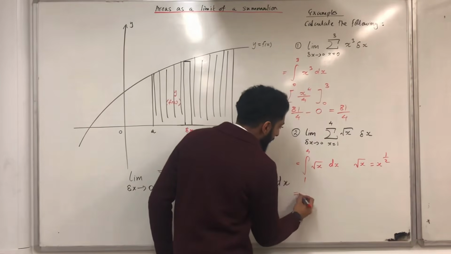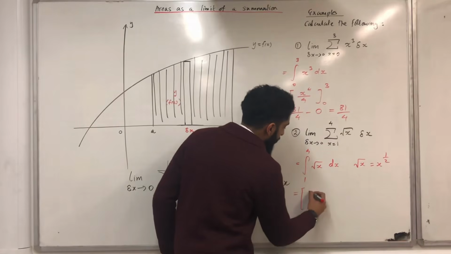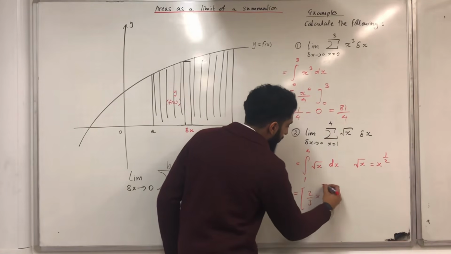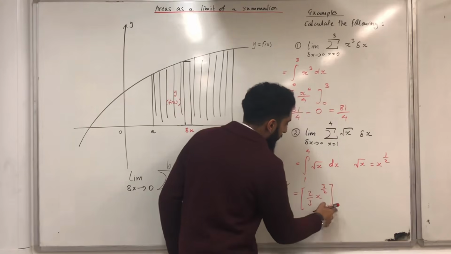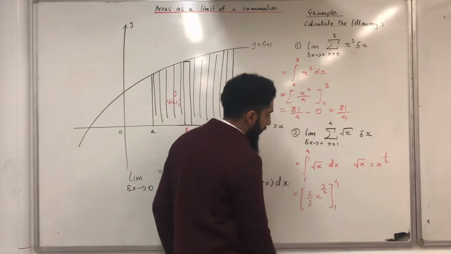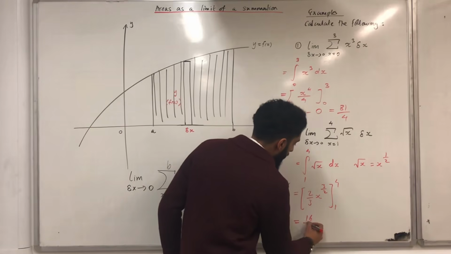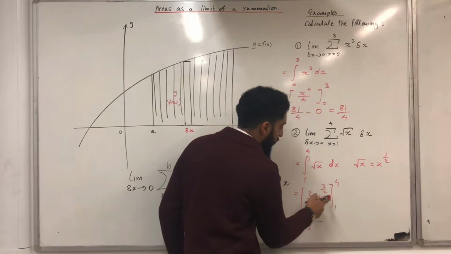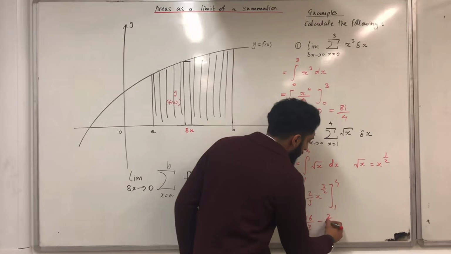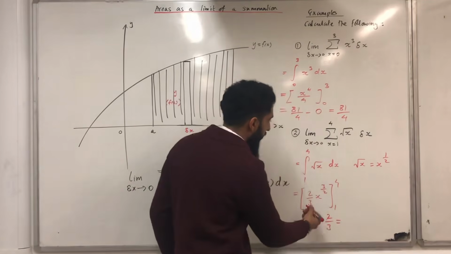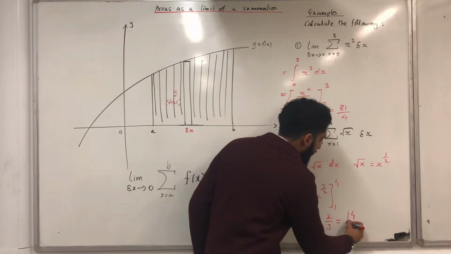So I integrate as normal to give me 2 over 3 x to the power 3 over 2, limit 1 to 4. Substitute 4 into here, get 16 over 3. Take away, substitute 1 into here, get 2 over 3. So now you just subtract these two to give us 14 over 3.